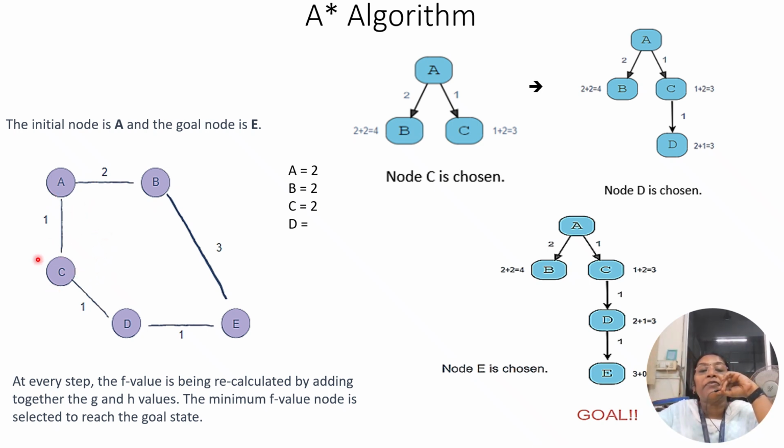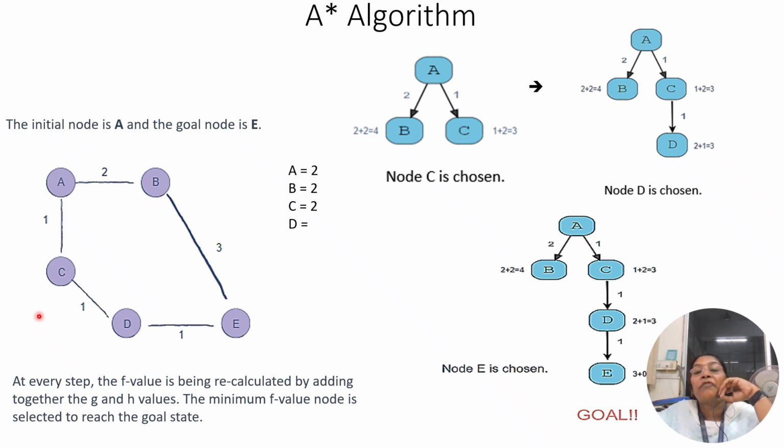So f of n for reaching from A to C and f of n for reaching from A to B. If it is from A to C, it is 1 plus C has the heuristic value of 2, so it is 3. If it is from A to B, the g of n is 2 and B has 2, so it is 4. So f of n for reaching B is 4 and f of n for reaching C is 3.